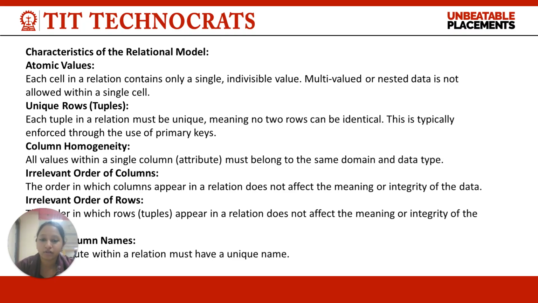For instance, if a column is defined for age, it should contain only numeric values, not text. The next two characteristics deal with order. The order of columns in a table does not matter. Changing it does not affect the meaning of the data. And finally, unique column name. Each column in a table must have a distinct name so there is no confusion when accessing or referencing data.